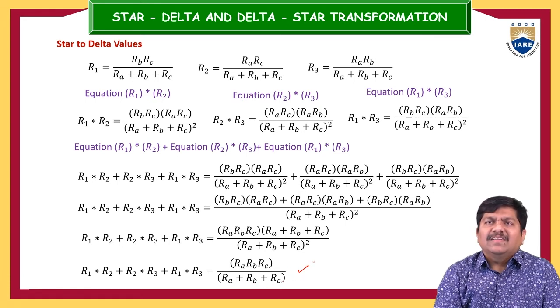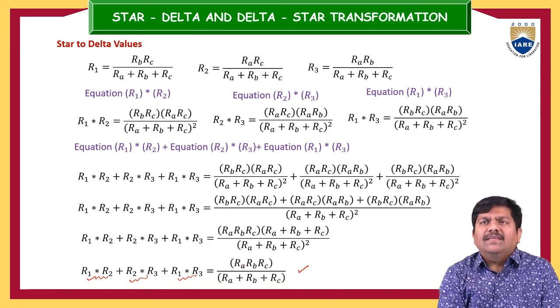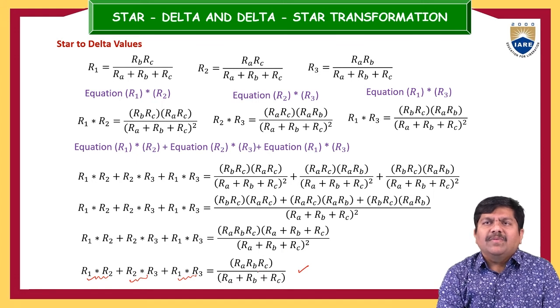Now this is one of the simplified expressions. We achieved this by taking the individual products: R1, R2 separately we have calculated, R2, R3 we have calculated, R1, R3 we have calculated, and after calculating the individual products, if you are summing all these together, then the resultant is RA, RB, RC by RA plus RB plus RC.